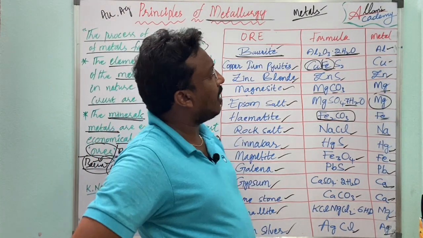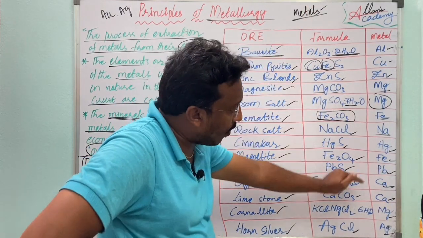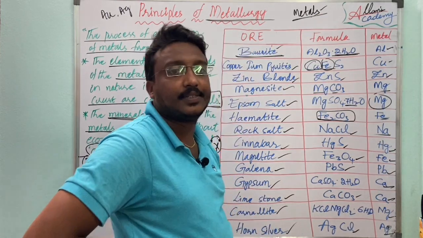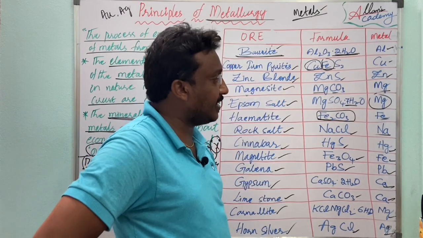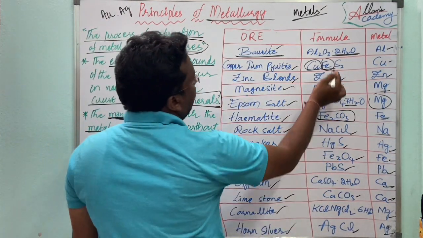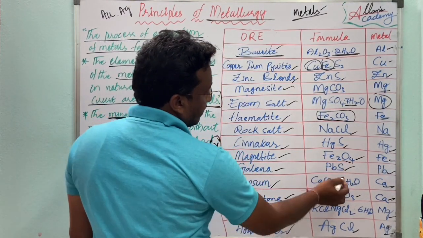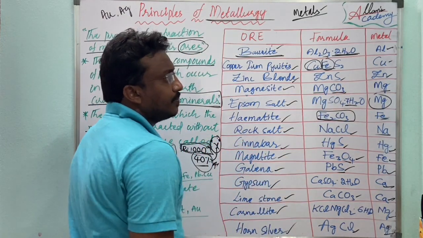See from these ores. These ores contain mostly oxides, sulfides, carbonates and sulfates, isn't it? Here it has oxides and sulfides. Here it has carbonate groups.